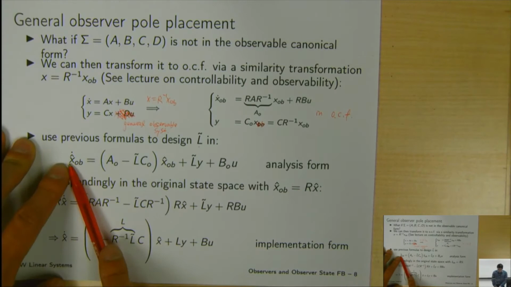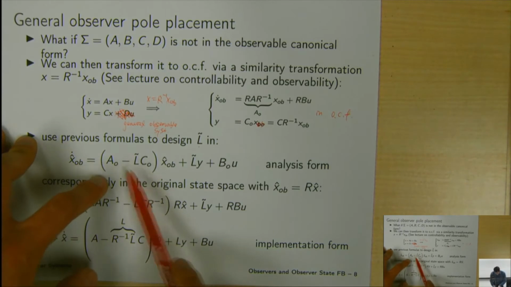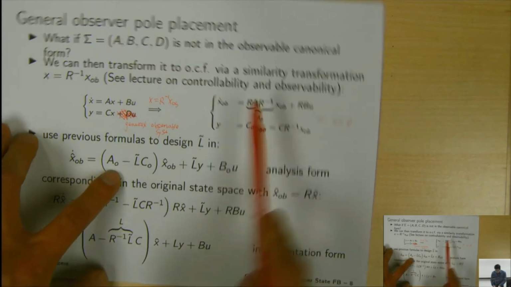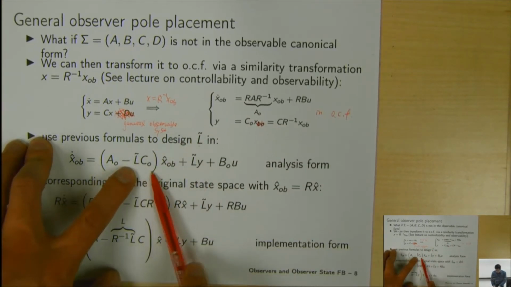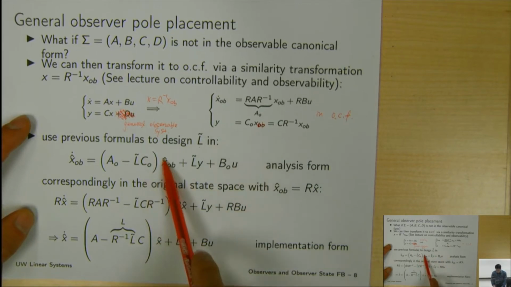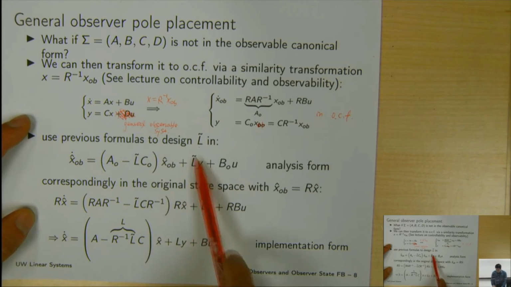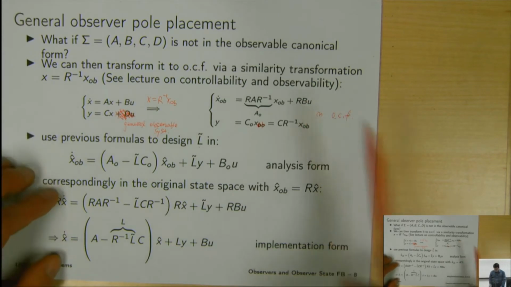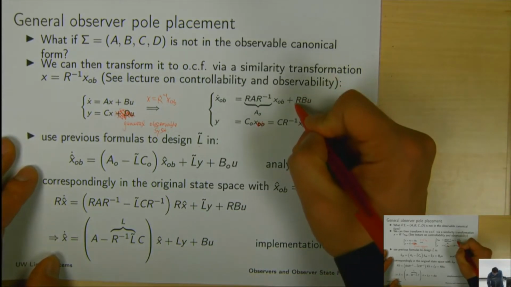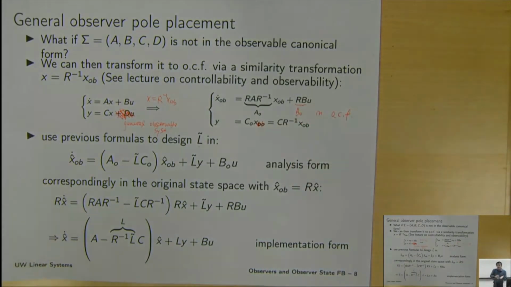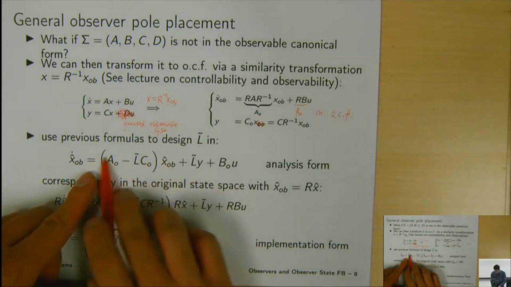It's going to be the estimation x hat observable dot equal to A observable, this new A matrix, minus the observer gain L tilde times the C matrix, times x hat plus L tilde y plus B observable, this new B matrix, times u. So do this design, which we know how to do in observable canonical form.